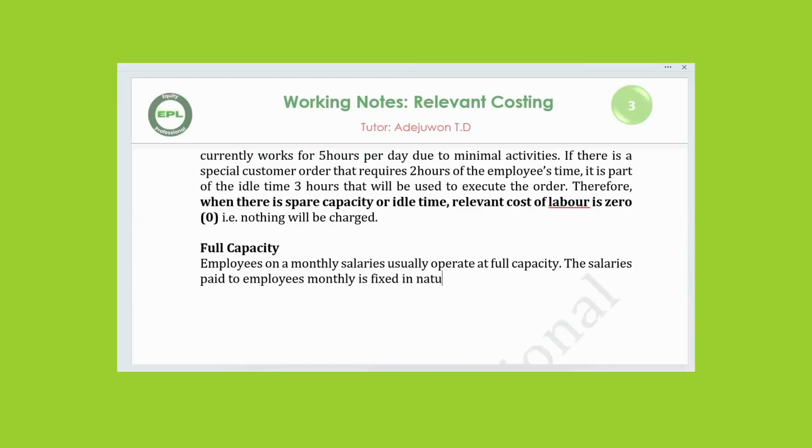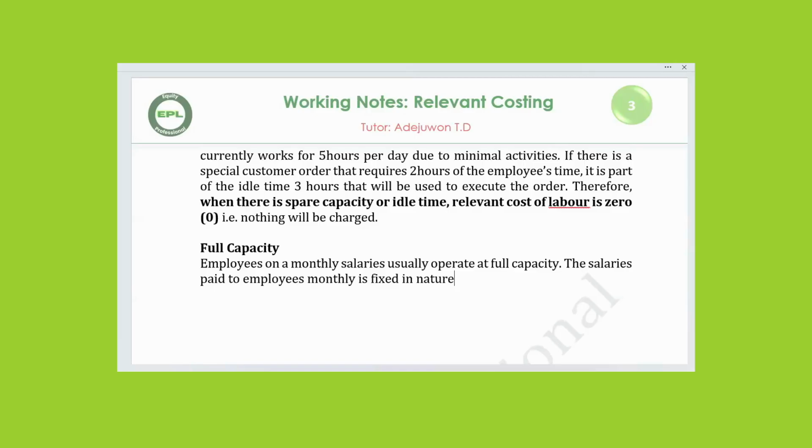in nature, of course, except when there is an appraisal. When you have the appraisal, your salary is the same thing you earn every month until a particular time in the year when there is a performance review, whereby your salary is increased maybe by 10%, 15%, or 20%. So subsequently you carry on with the new increase for another year.